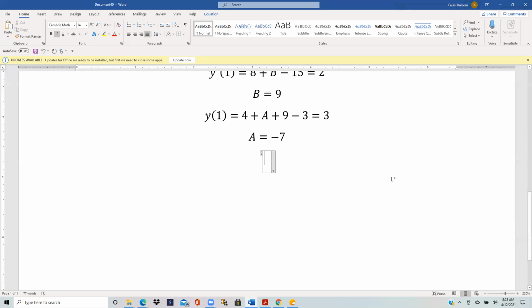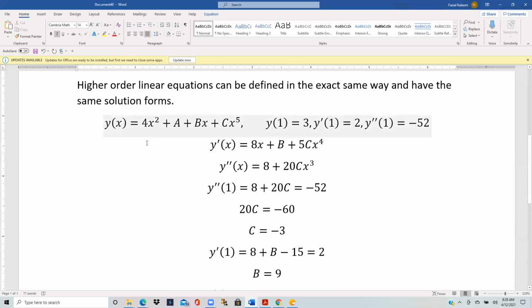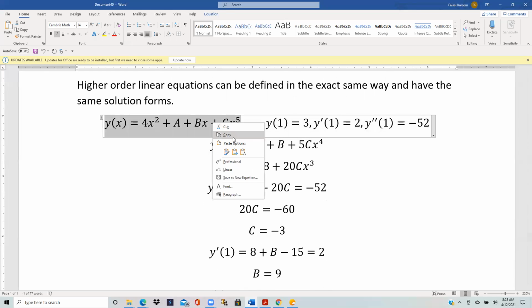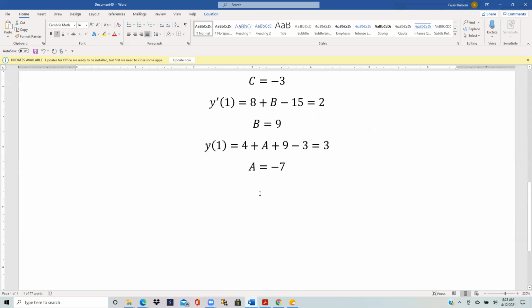And therefore, we have all the constants now. A is negative 7. B is 9. And C is negative 3.